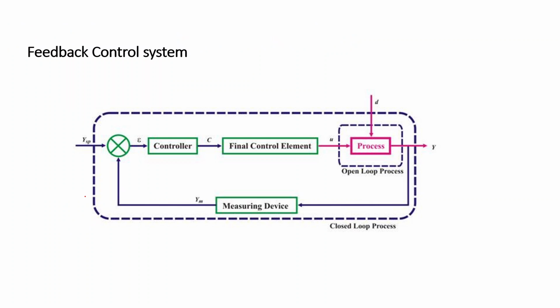So we studied how to represent any kind of closed loop by using these blocks and inputs and outputs corresponding to each of the controller, final control element, process, and measuring device. We generated this feedback control system.